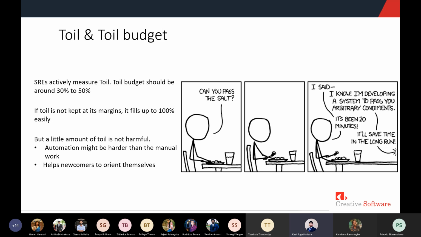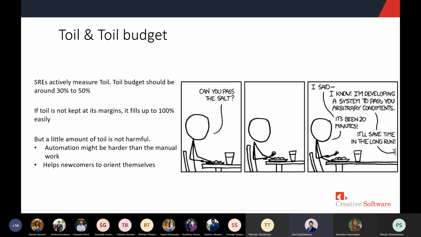So these are manual work, and it's okay to do that for 50% of the time. If you do it more than 50%, people will start getting bored. They will get stagnated and they will start not liking their job. So it's always important to balance it between 30% and 50% of manual work. And the rest of the time, you need to be doing actual software engineering work to develop fixes for problems and things like that.